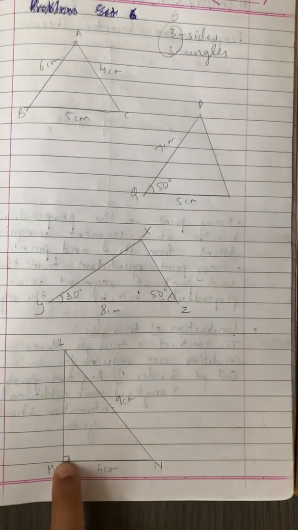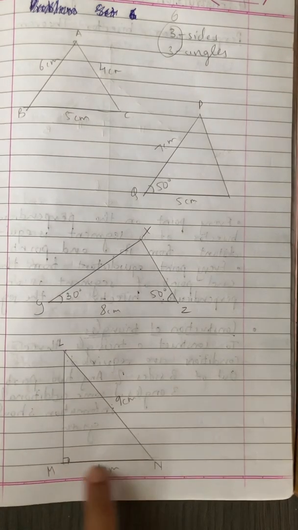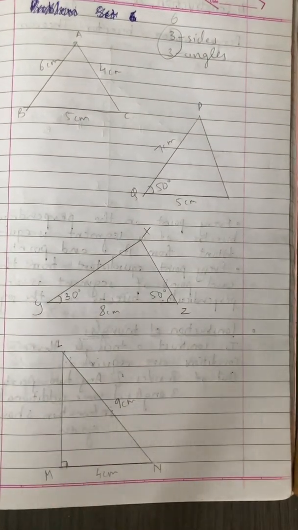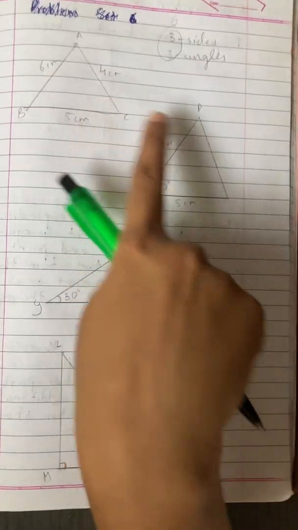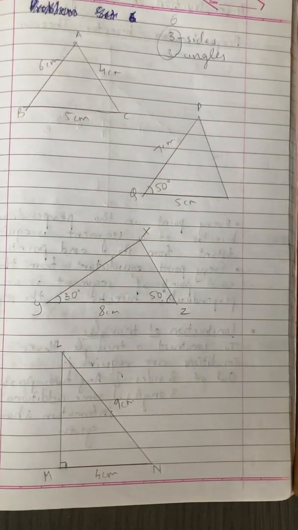And in a right angle triangle, if one side and the hypotenuse are given, you can also construct it. So these 4 constructions you have already studied in standard 7.